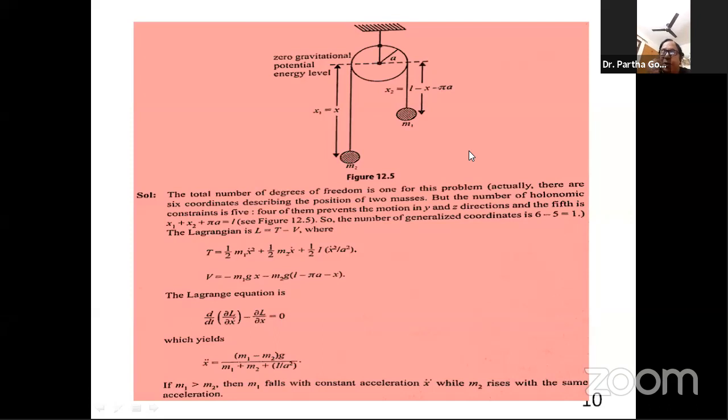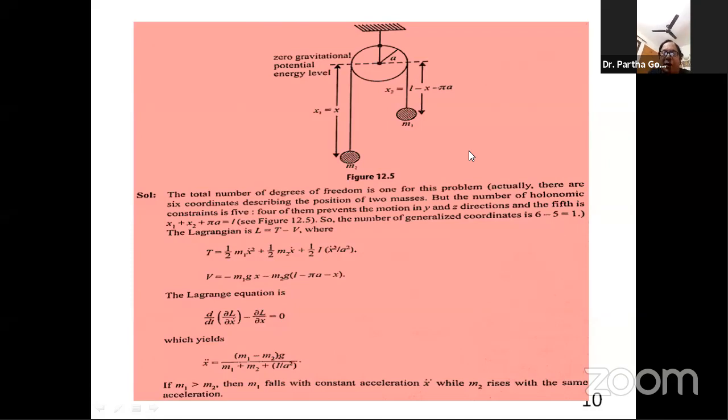What is the physical condition or restriction, some physics, which makes us write omega as x dot upon a? What is x dot, by the way? What do our students understand by x dot? Let me ask that question. What is x dot?